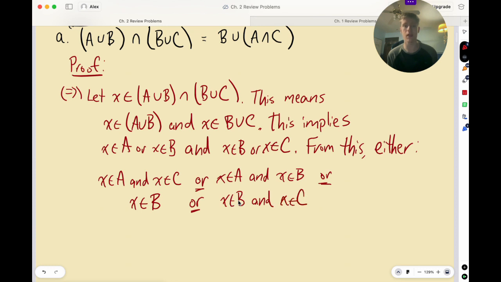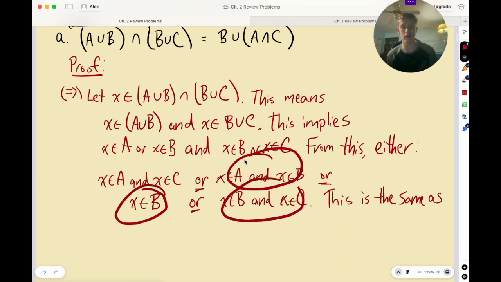Okay, so what does that mean? This is the same as saying what? Well, x is always going to be an element of B for every single one of these cases except the first one. Look at it. x is in B here, here, and here.